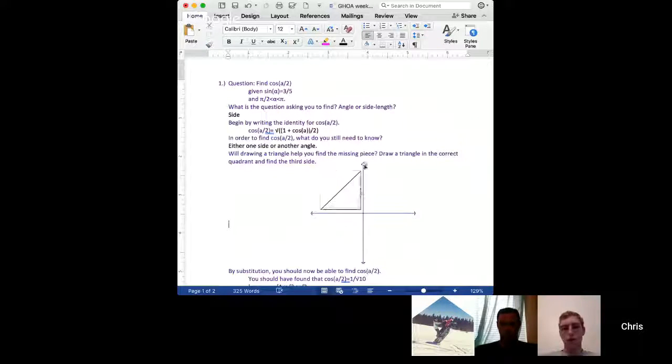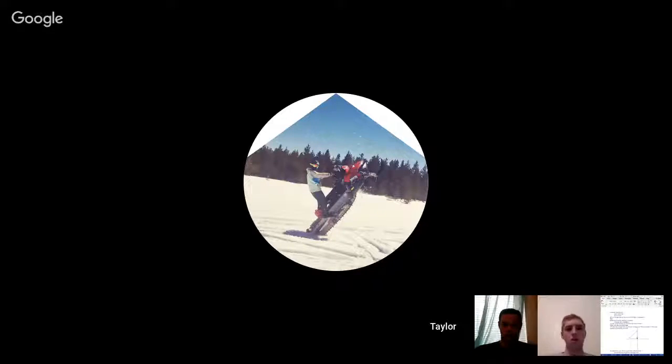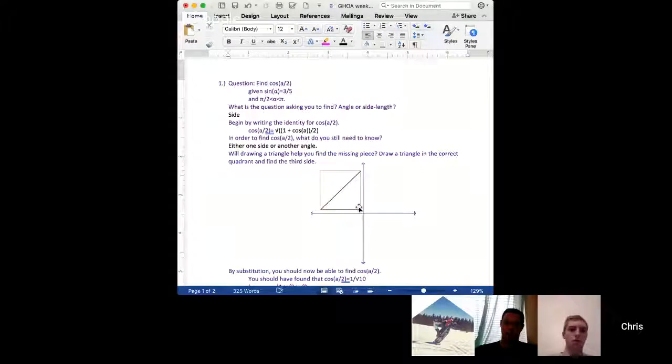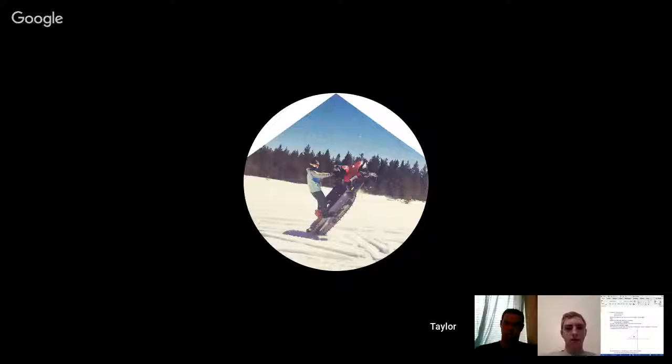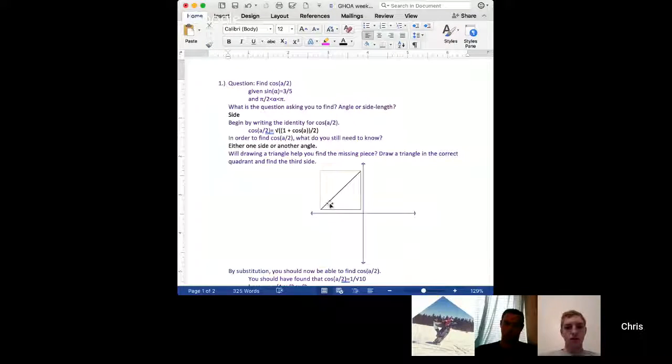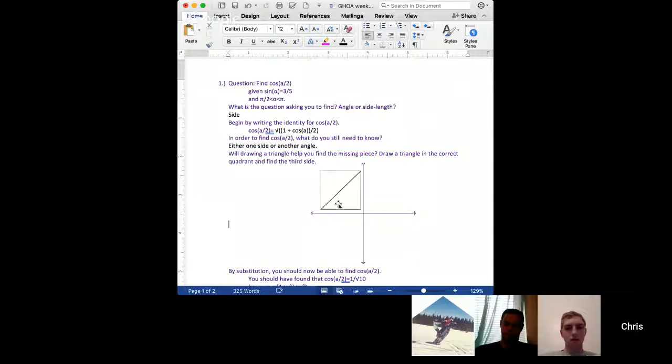And we know this is sine right here because it's the y value. So I know that that'd be 3/5. And that sine A we agreed was this angle, right? So the sine of alpha is 3/5. So this angle is 3/5. Yeah. Okay, and then you have a 90 degree here. And then you can figure out that angle.